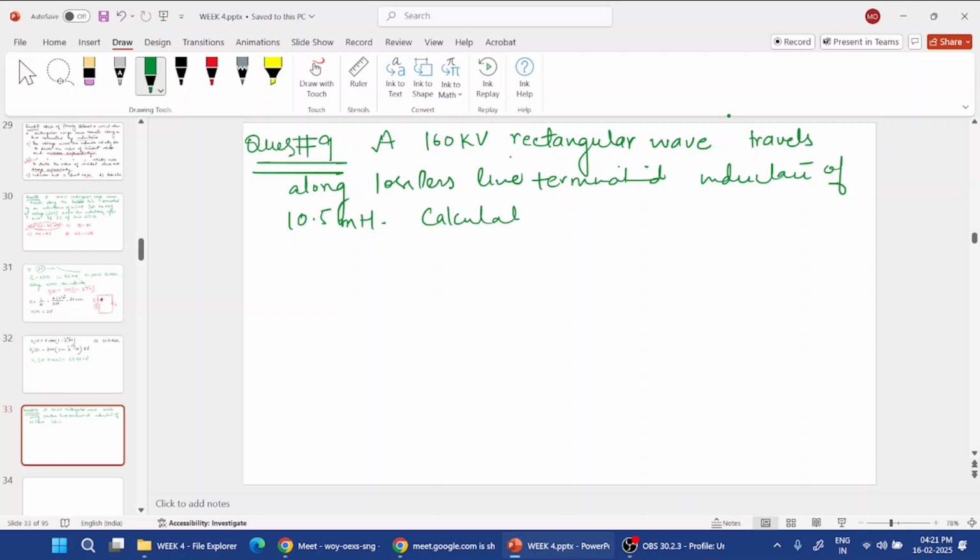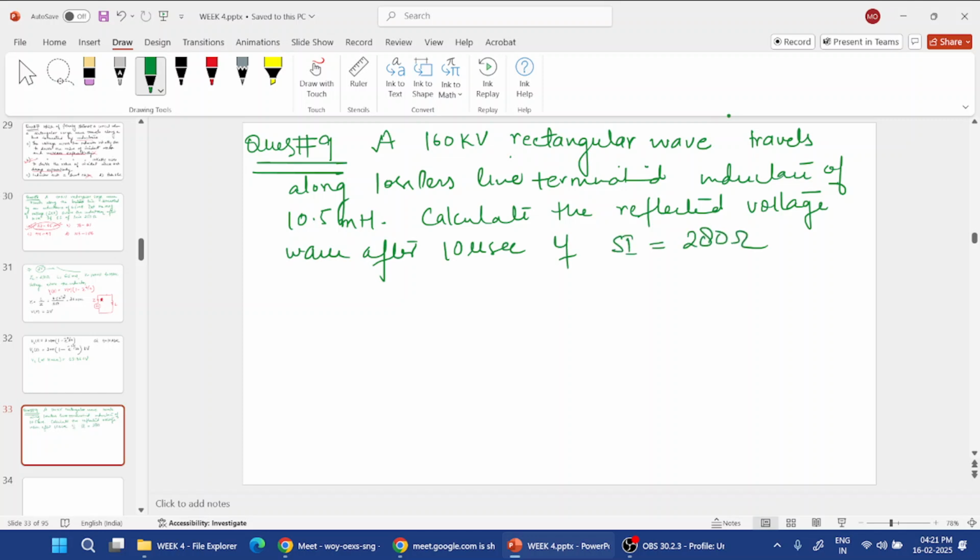Calculate the reflected voltage wave after 10 microseconds if the surge impedance of the line is 280 ohms.